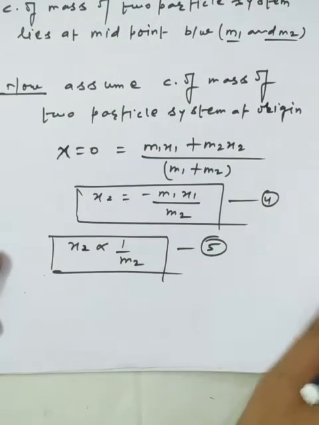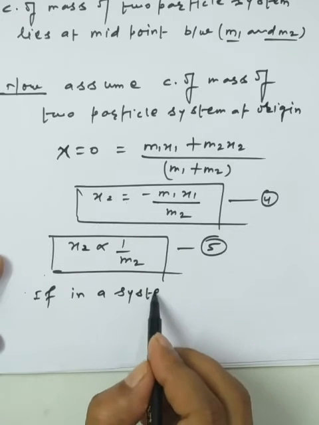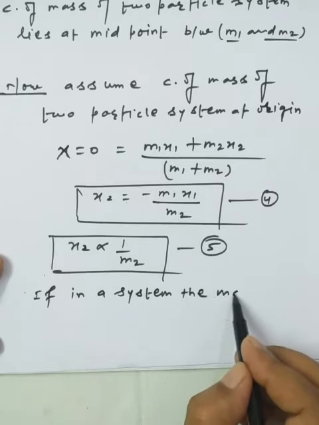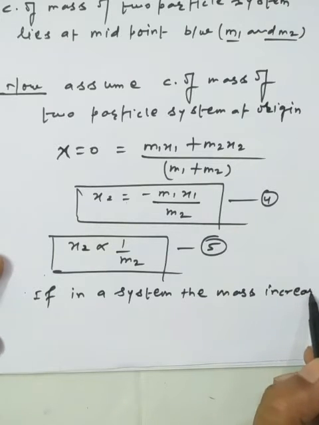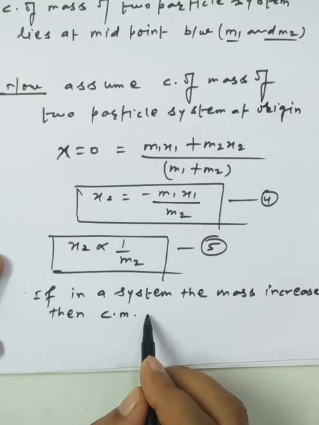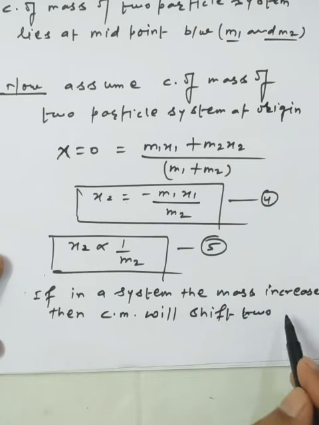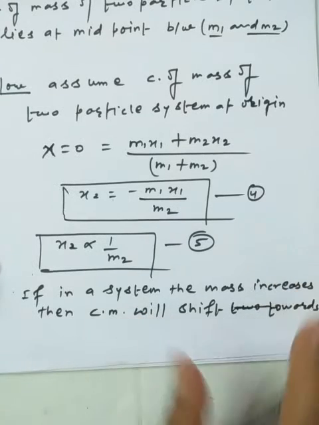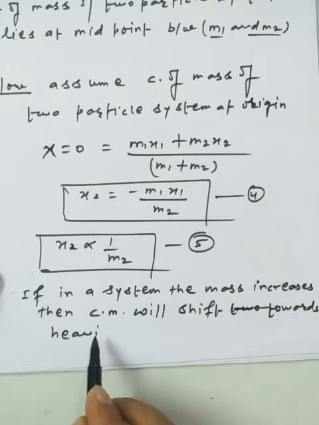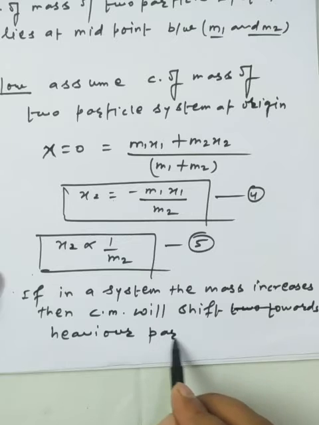It is one of the objective questions we have: if in a system the mass increases, then the center of mass will shift towards the heavier particle. So this is the general hypothesis we have.